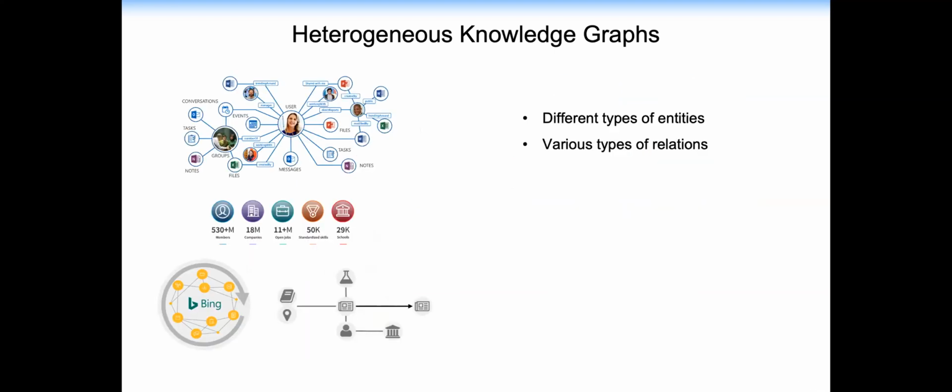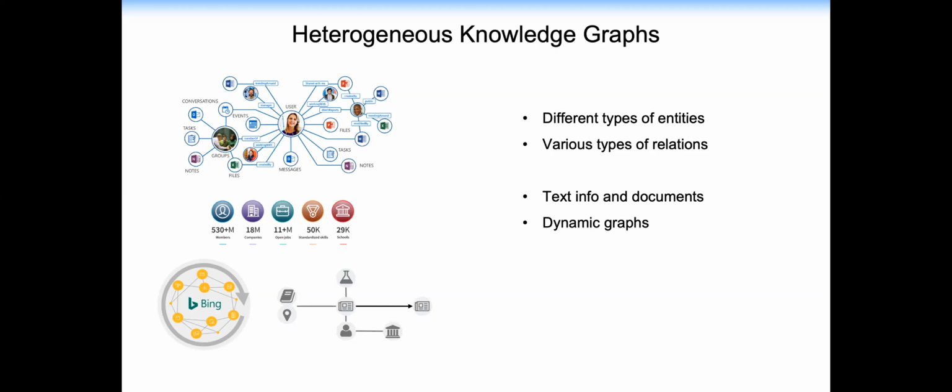Okay, given all those graphs that we can consider as knowledge graphs, they are heterogeneous. In the sense that they have different types of entities and different types of relations, right? I think they have been mentioned in previous presentations in the course. In addition, most of them are associated with text or document information. Say, the academic knowledge graph has publications. For each publication, you have the abstract, title, and the full text of this publication.